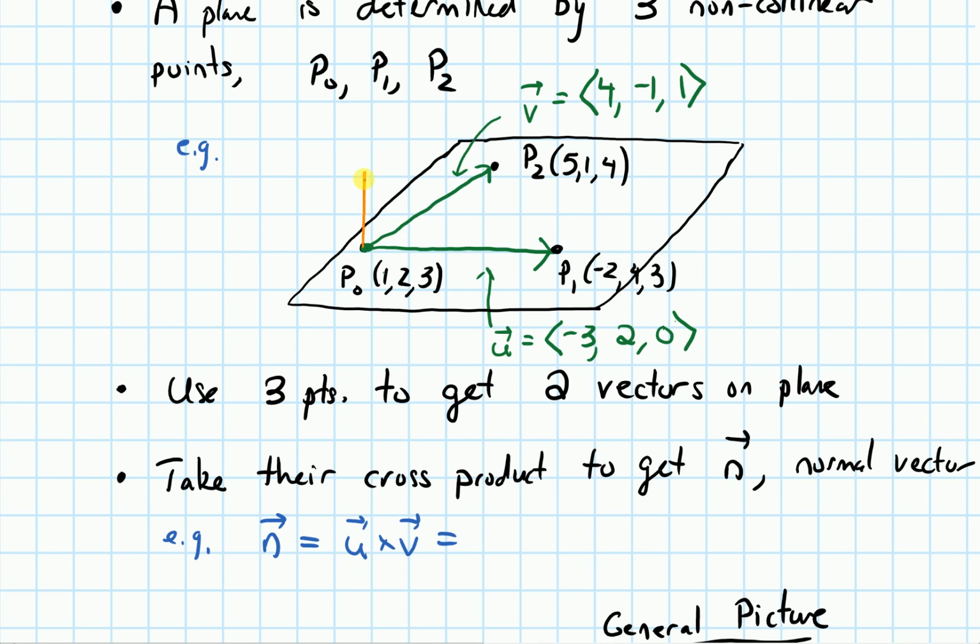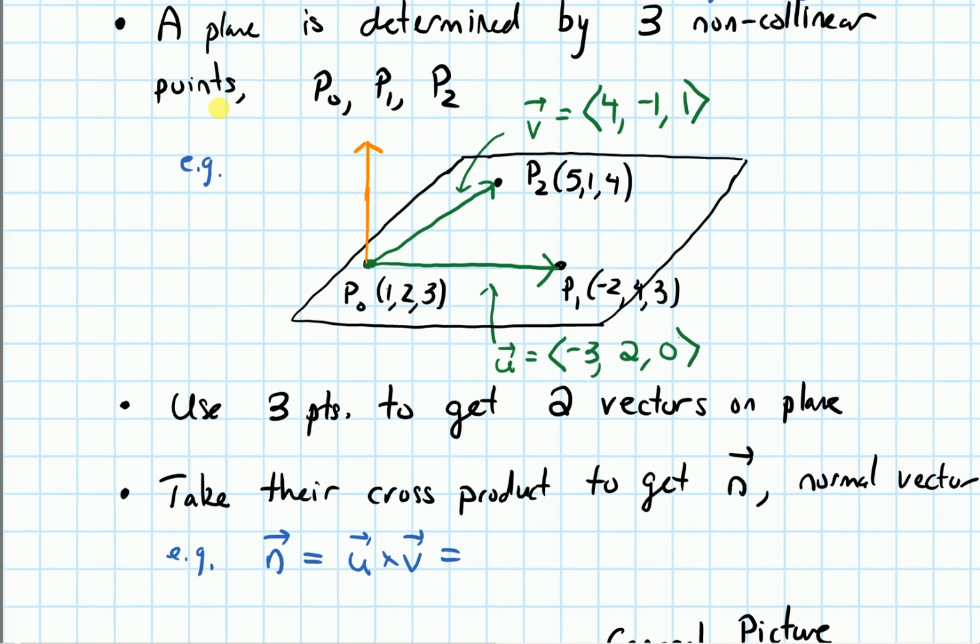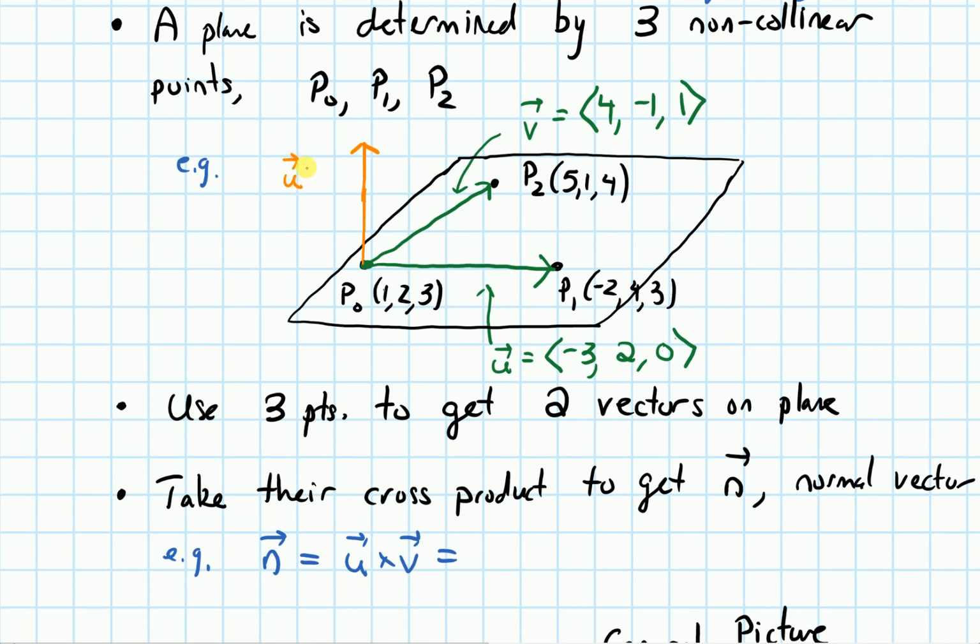Make sure you see why, because this is the hardest part to explain in a video like this. But please refer to the video that I posted about the right-hand rule, back when we talked about cross products. So that is U crossed V. Now I'm going to let that be n, my normal vector.